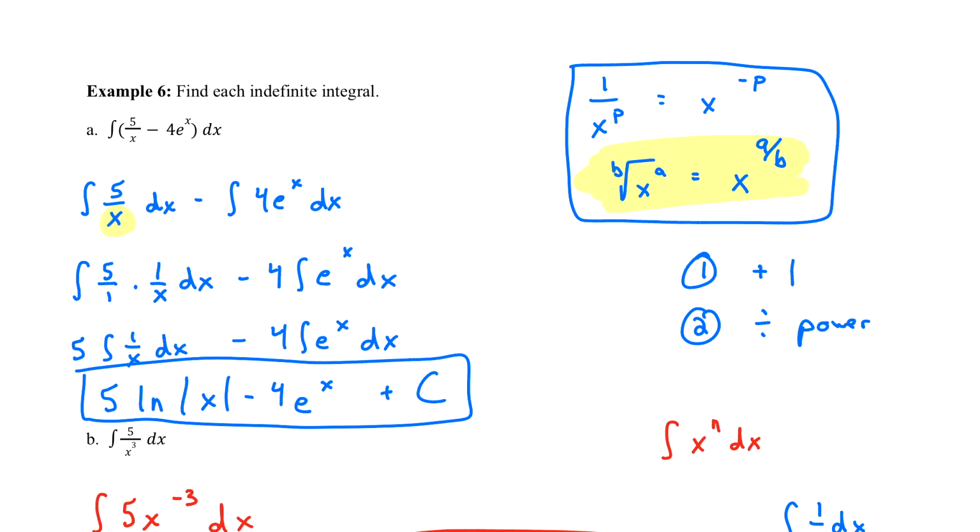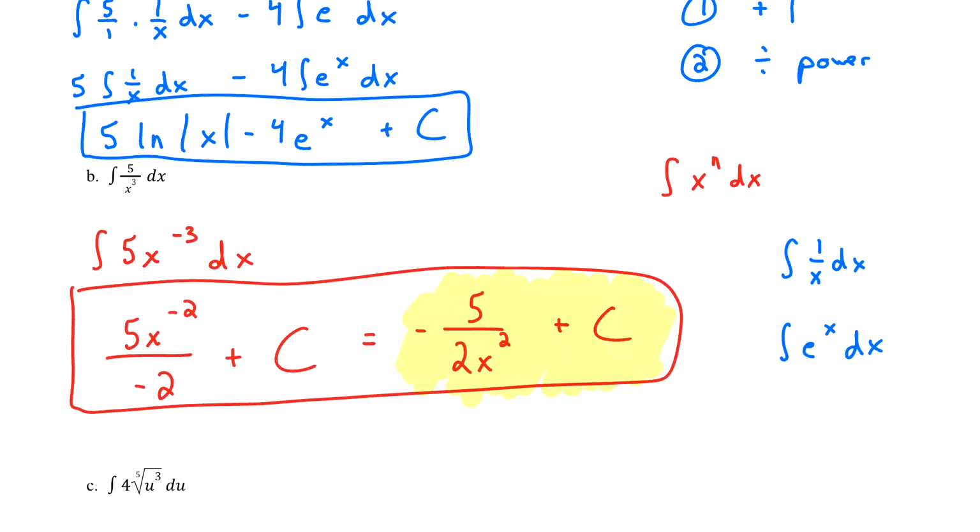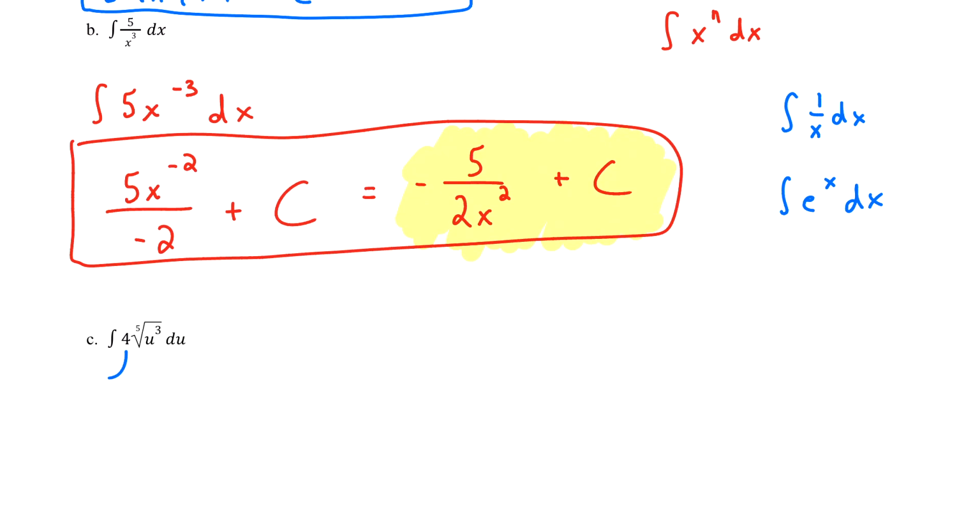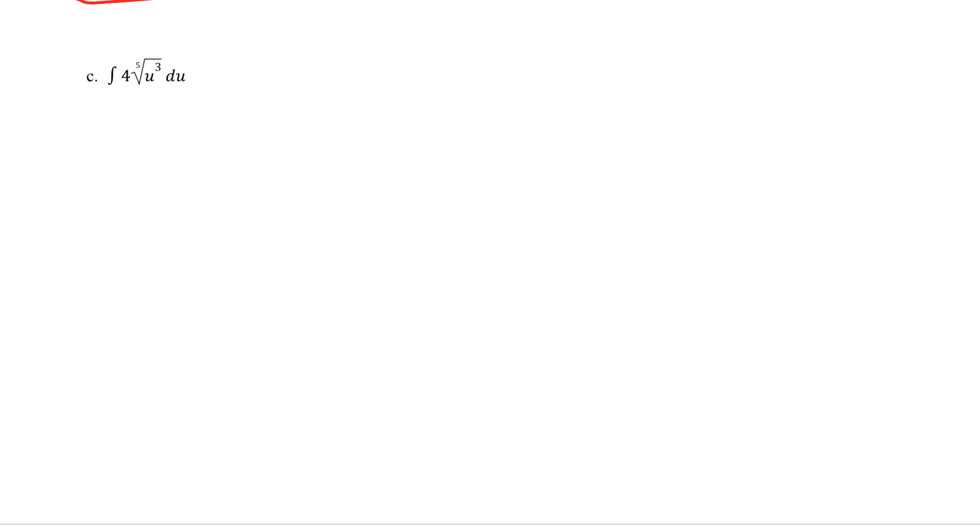Remember that I can take any radical or any root function and rewrite it as a power function. So the 4, I would actually factor that out. I don't want to have to worry about that 4 for right now.